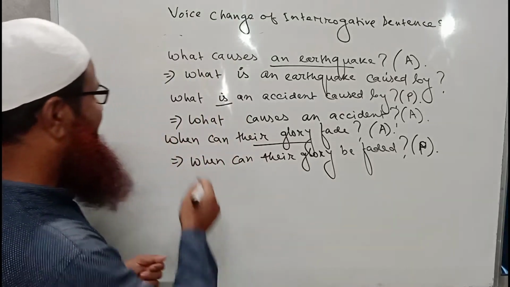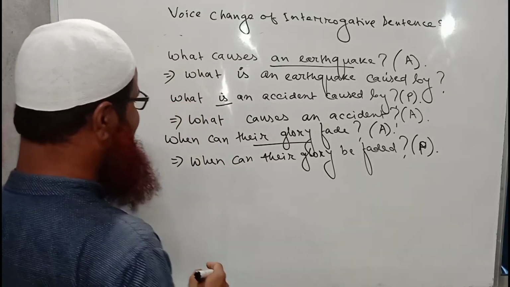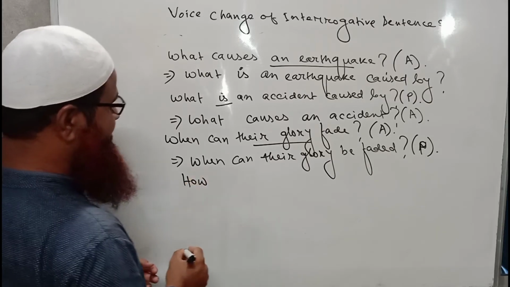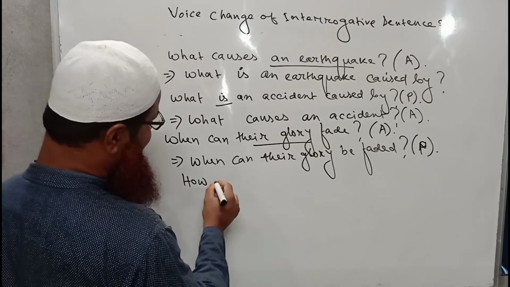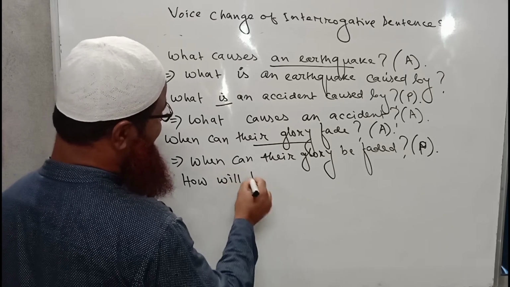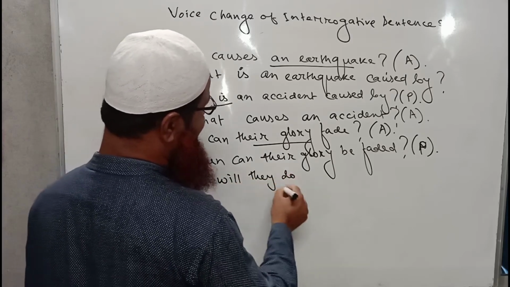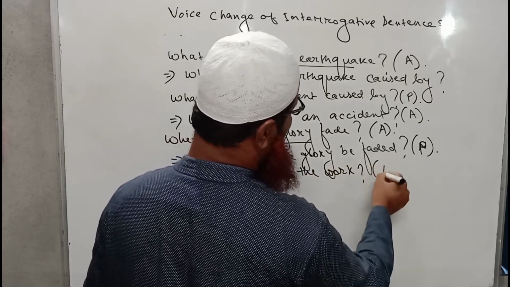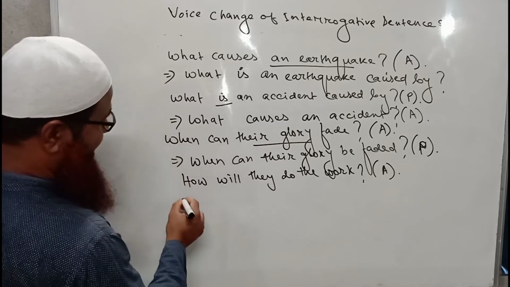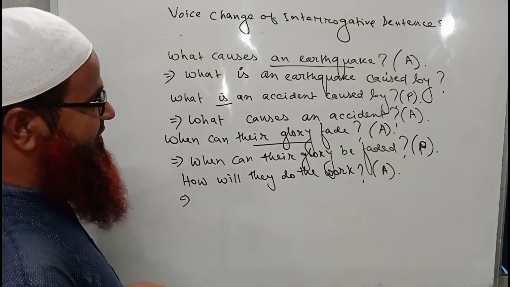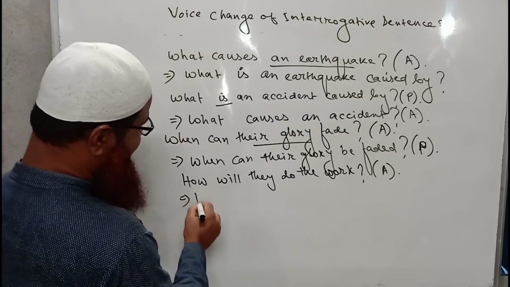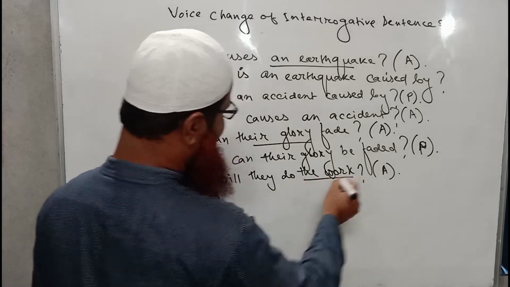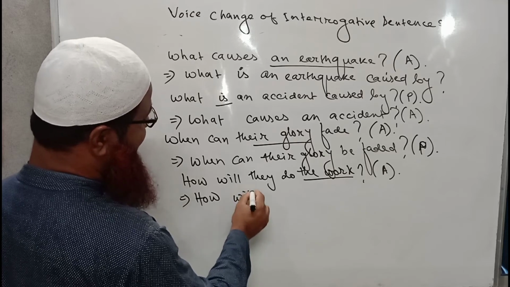Okay. Now I am writing another sentence. How will they do the work? So this is a very simple sentence where the question has been asked with how. The object here is the work, and will is the auxiliary.